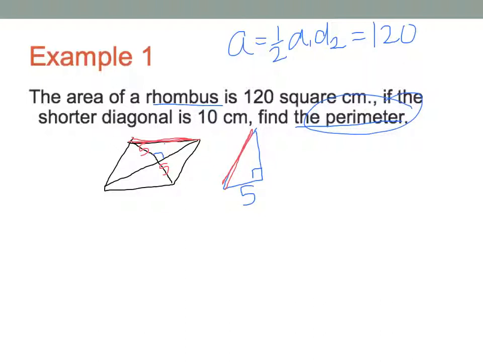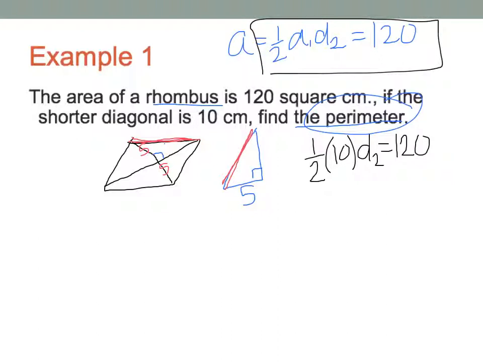I was given that the area equals 1/2 diagonal 1 times diagonal 2, and it's equal to 120. Now I only know one diagonal, and the length is 10. So I'll write this in, 1/2 times 10, one diagonal, and I don't know the other diagonal, but I'm going to be able to find it in just a second, and I'll set it equal to 120. It's what they gave me the area is.